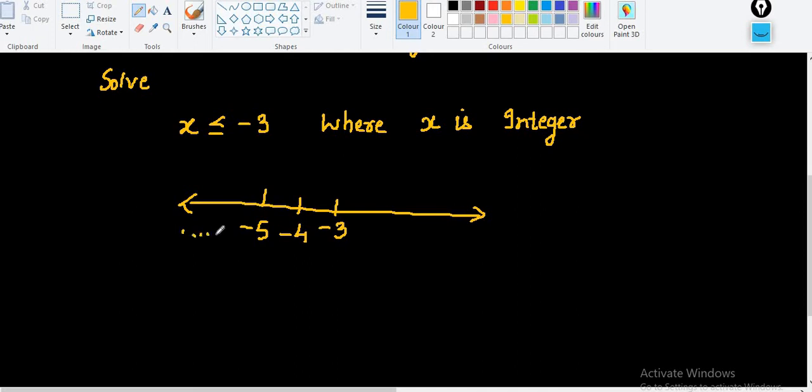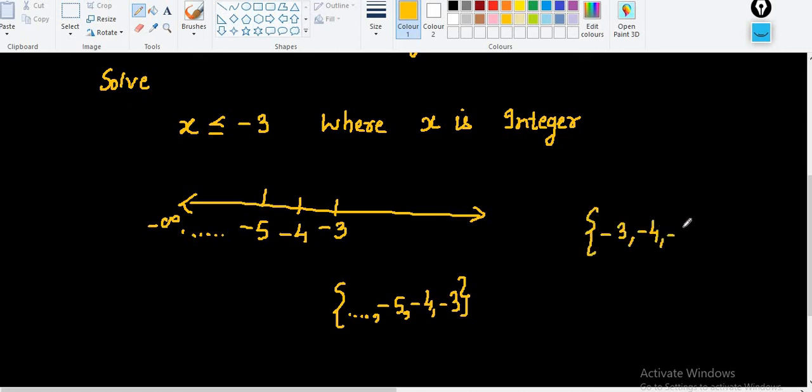So -3, -4, -5, -6, dot dot dot up till -infinity. How will I write this answer? I will be using curly brackets to give my answer. It will be {..., -5, -4, -3}. Or you can also write it like this: {-3, -4, -5, ...}.